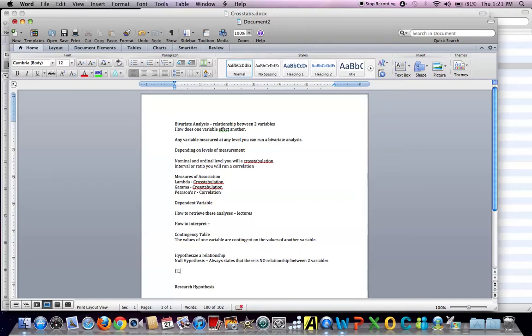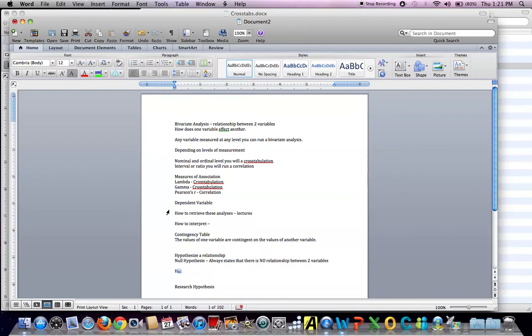Looking at gang association and gender, I'll show you how to write that. That would be H01, and you would subscript these by highlighting them. On my Mac computer, it's easy: you highlight, and then you come up here and click the subscript.